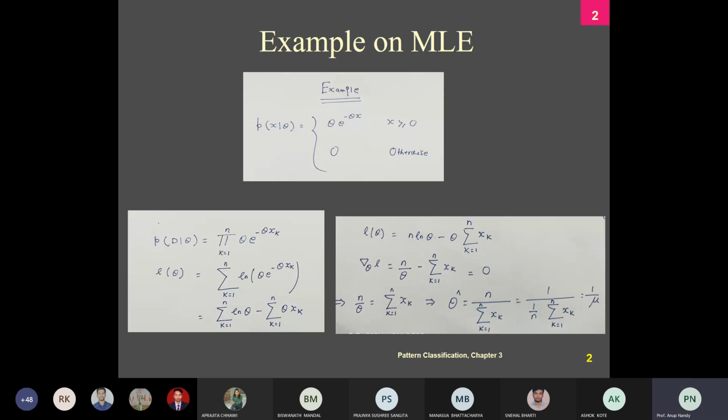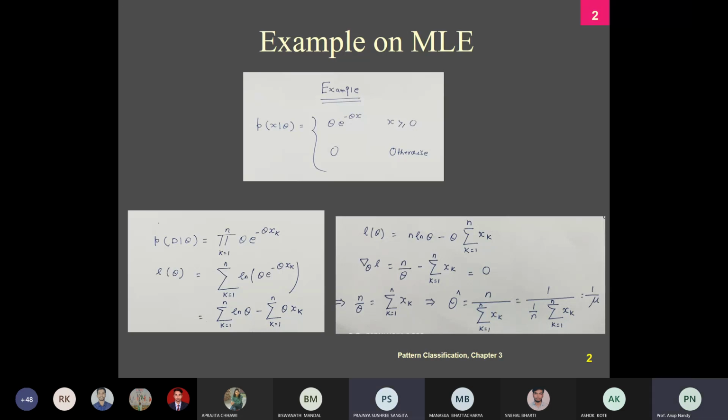Now if you take the log of the likelihood function, the product term becomes a summation term. That's why it is coming. Nothing else. We are simply using this algebra.